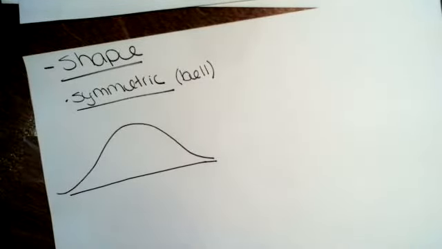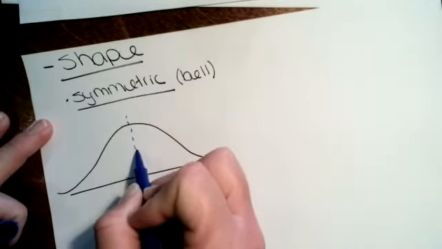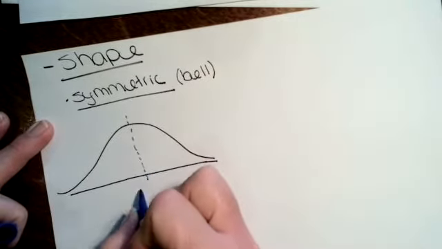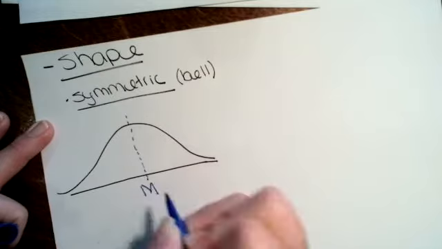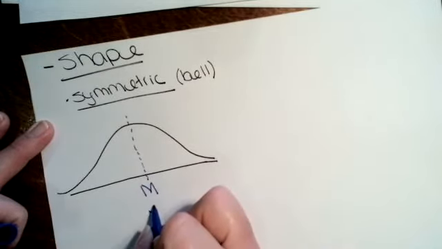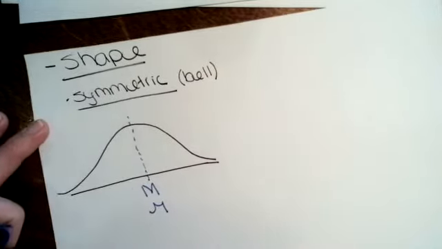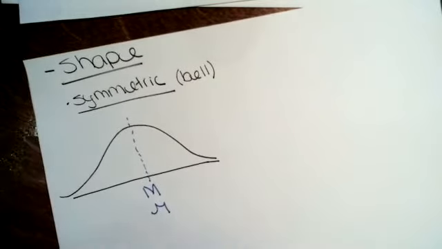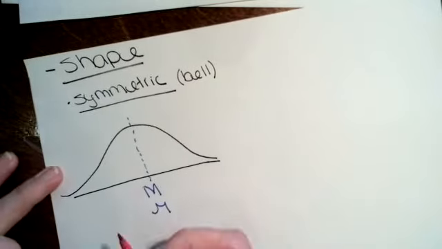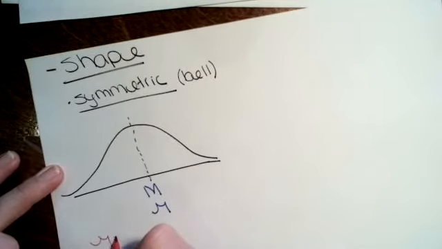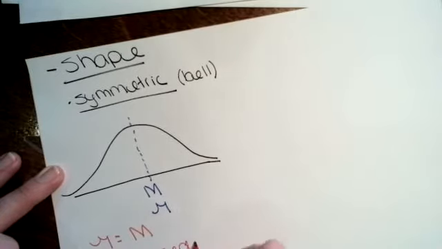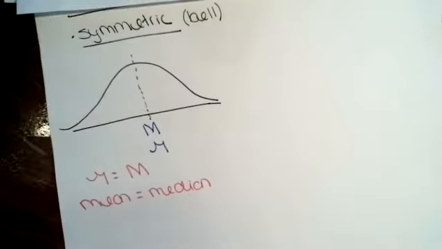When we're looking at this, the center here is going to be both my median and my mean. I'm going to use the population. So in this case, the mean is equal to the median. I'm going to write it out since the notation is new for us.